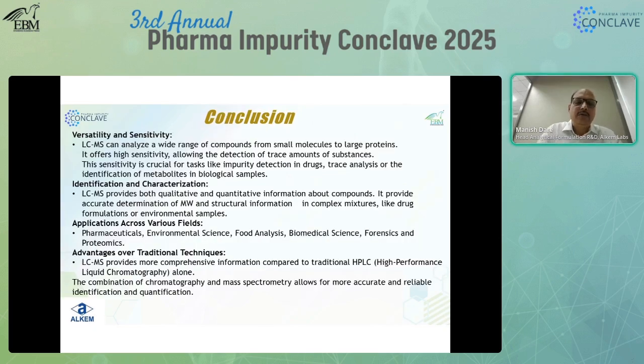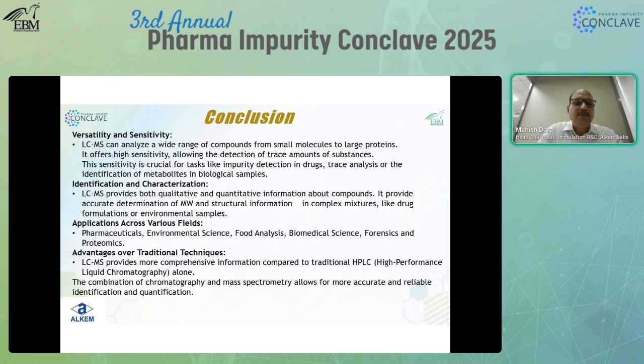Another advantage of this mass technique is that different mass spectrometers are available which we can use, versatile and with sensitivity checks, in the different matrices to perform the analysis, to check what kind of impurity would be available.